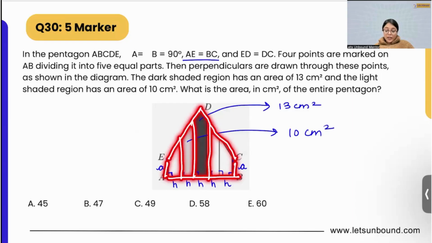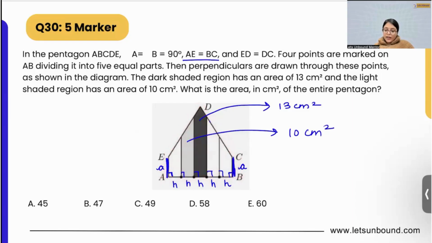So when perpendiculars are drawn, and if I take, let's say, parallel lines like these, definitely you will see they will also be at 90 degrees. Okay. One thing is clear.